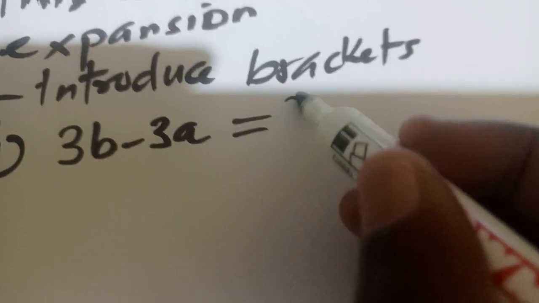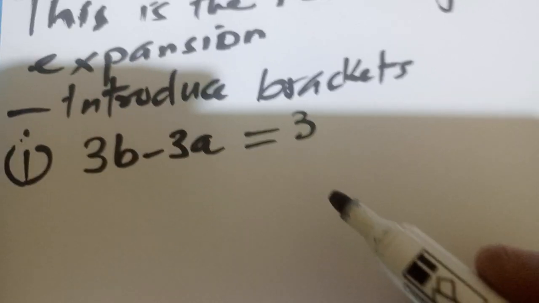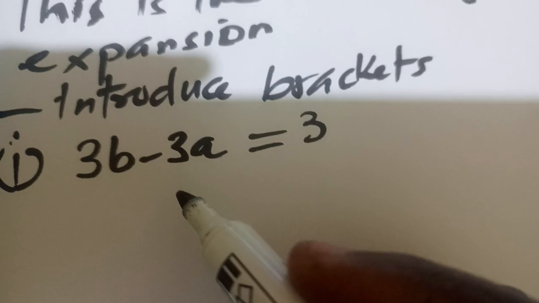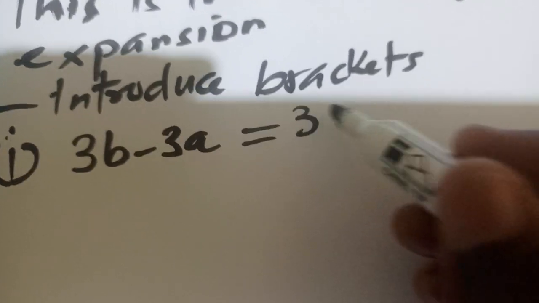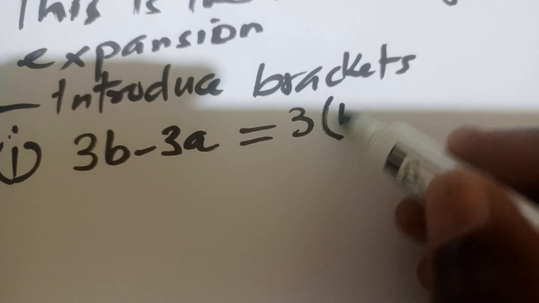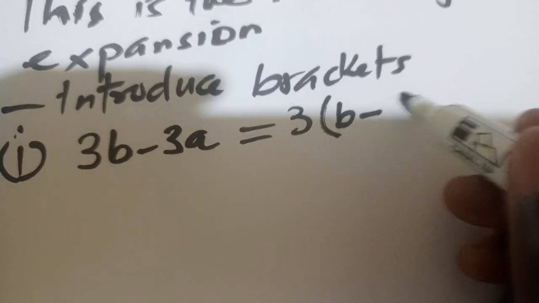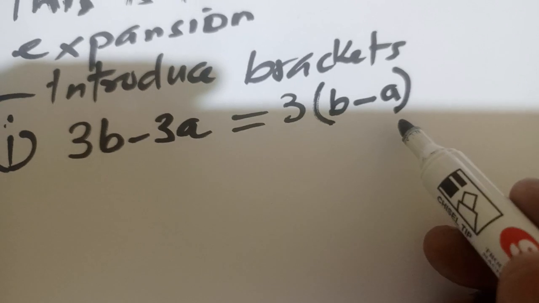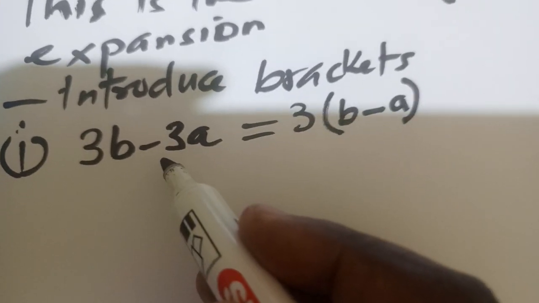So you write your 3 and then ask yourself, is there any other common factor than 3, like in this case? Now you can see in this case there is no other common factor, so we are free to introduce our bracket. And now what remains in there is b, and then we have minus a. Now this is the factorized form of 3b minus 3a.